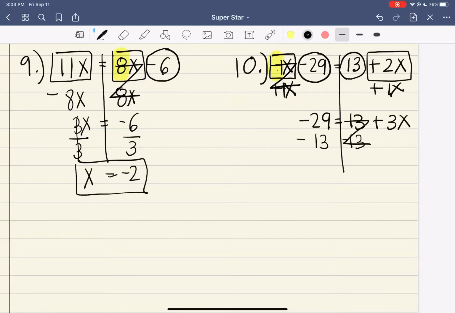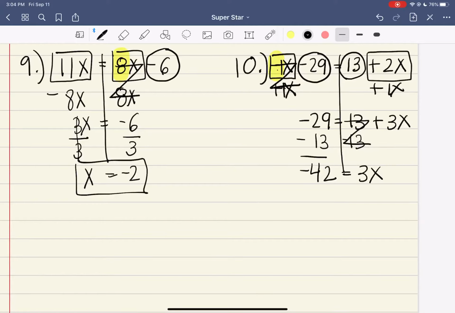So this is a positive 13, so I'm going to have to subtract 13. This becomes 0. And now this is tricky. This is where I've seen some problems come. So on your calculator or in your mind, whatever you prefer, you're going to have to put in a negative 29, and then you're going to have to subtract 13. So that's going to put you at a negative 42. And we still have on this side a 3x.